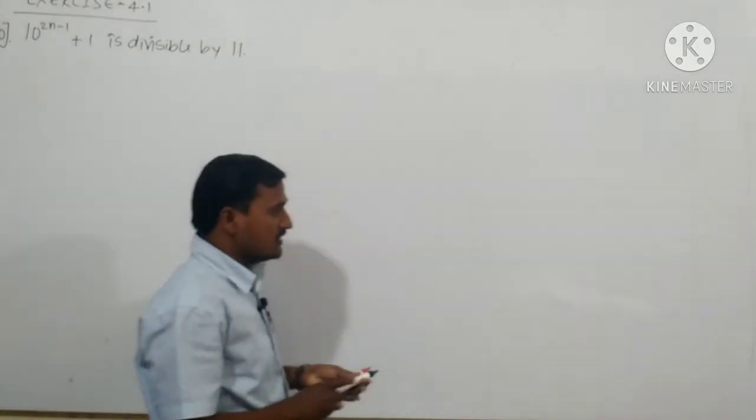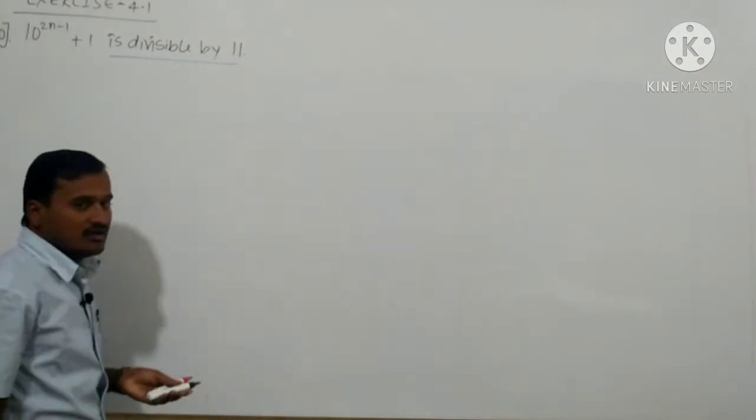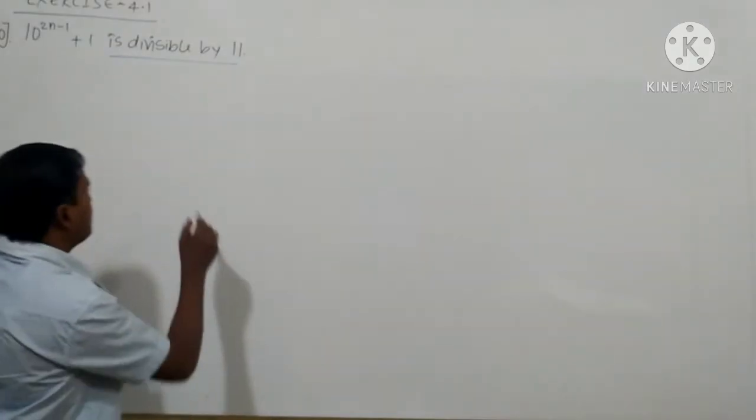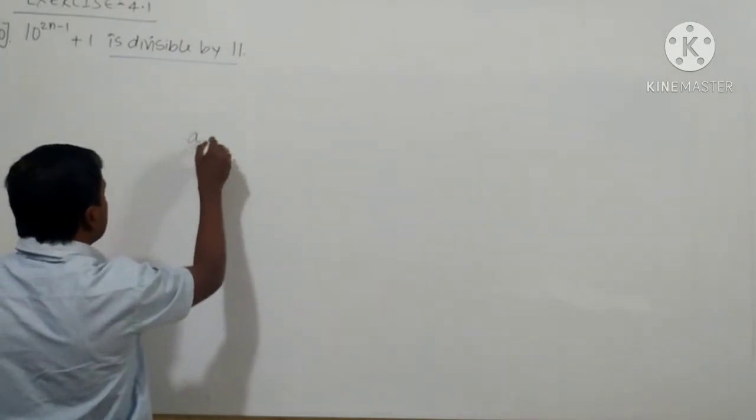Here, first we should know the meaning of divisibility of a number. For example, a is said to be divisible by b.